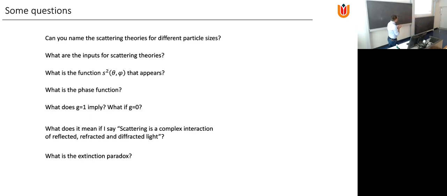Okay, then a philosophical question. If I say scattering is a complex interaction of reflected, refracted, and diffracted light, what do I mean with such a statement?